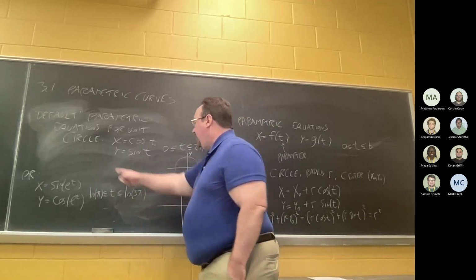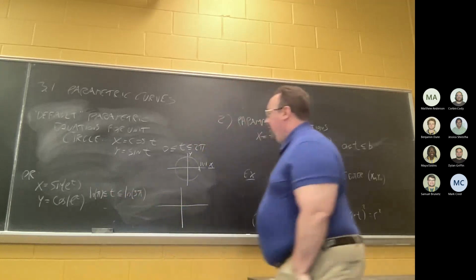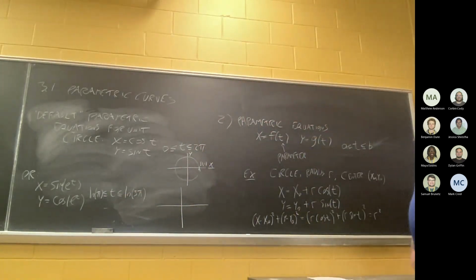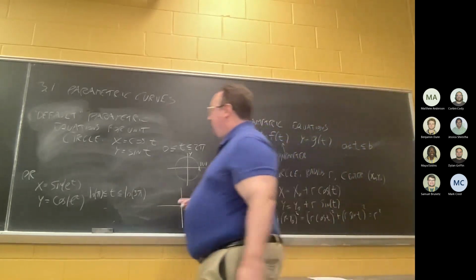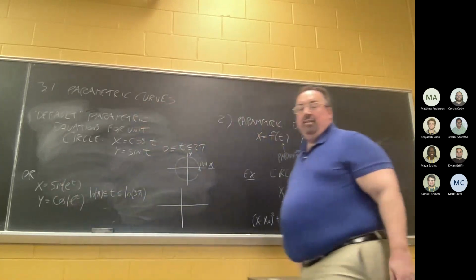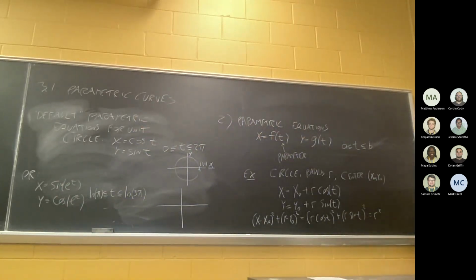For this one, t starts out at the natural log of pi, but whatever t value we get, we're going to exponentiate it and then take sine and cosine. So where's this circle going to start?